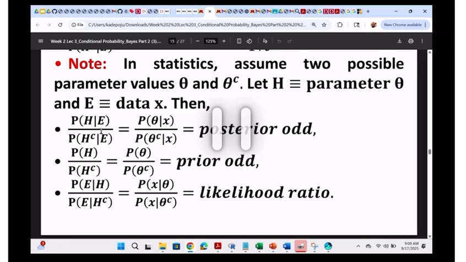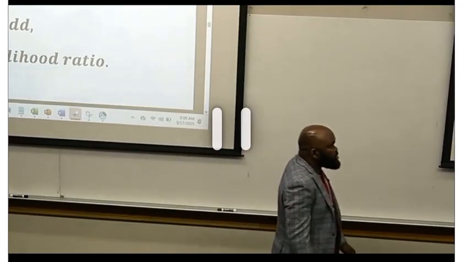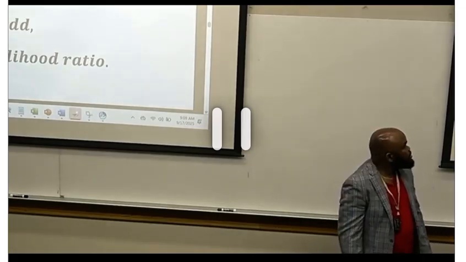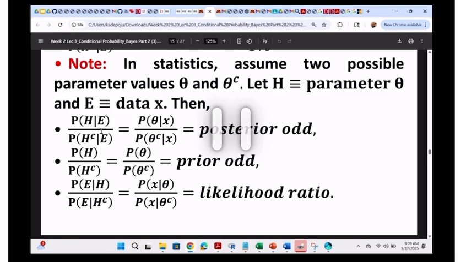I want to figure out the probability of H given E, that is, the probability that the accused is innocent given the evidence. Then the denominator is the probability that the accused is guilty given the evidence. That's exactly what we mean. Now, I want us to apply this to the O.J. Simpson case.